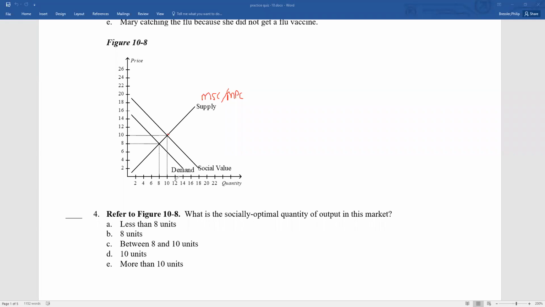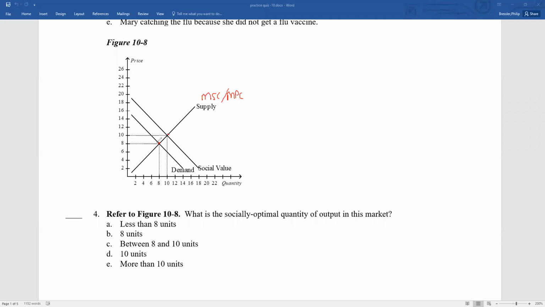So therefore, the social optimal quantity of this output is 10 units. You just go down, and so it's D as in dogwood, 10 units. Now, what could they ask from this graph? They could ask you the market, which would be the curve down here, and the market would be 8.